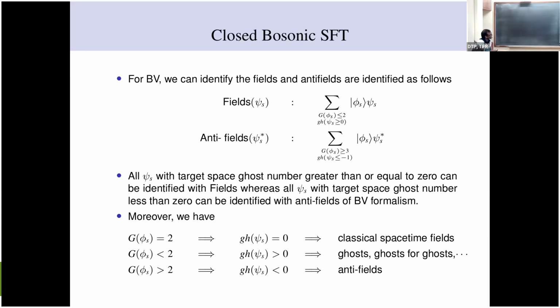The fields are identified with world sheet basis states which have Gauss number less than or equal to 2, which means this target space field will have Gauss number greater than or equal to 0. All those combinations we call fields because they have positive target space Gauss number, and anti-fields will have all the target space fields which have negative Gauss number.